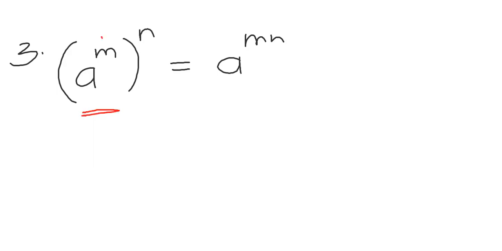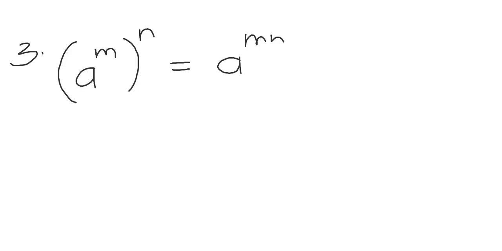However, we have 2 powers. One power is inside the bracket and the other power is outside the bracket. So what the rule is saying is, if you have 2 powers, one inside and one outside, you're going to multiply those powers. The base remains the same. However, the power is going to be different.